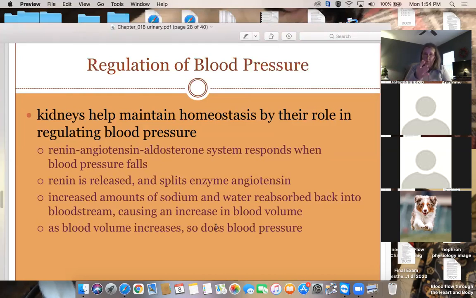So this is one way the body helps maintain adequate blood pressure, at the level of the kidney. And that's what I was looking for. It's this renin-angiotensin system. Again, this can be minute levels of blood pressure issue, not shock level blood pressure. The kidneys will try to do their part. They can't completely save blood pressure all the time, but this is one system that can be initiated.